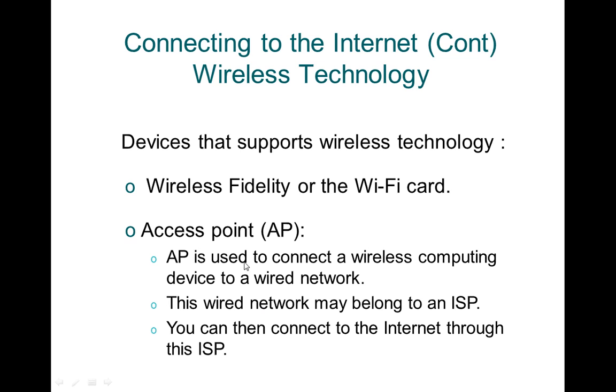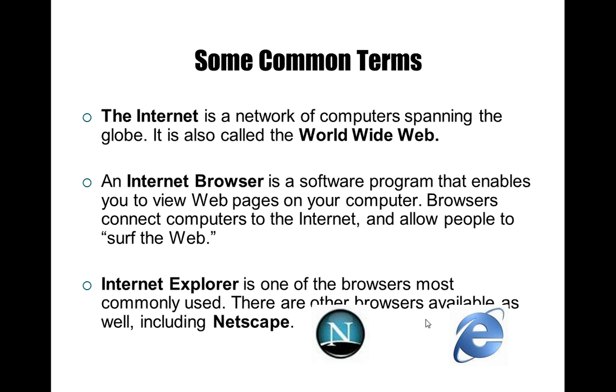This wired network may belong to an ISP, which means the ISP itself also provides APs to individuals, businesses and organizations. The last point says you can then connect to the internet through this ISP, that is, using the internet service provider.